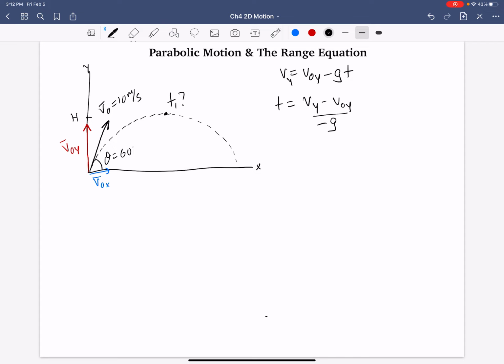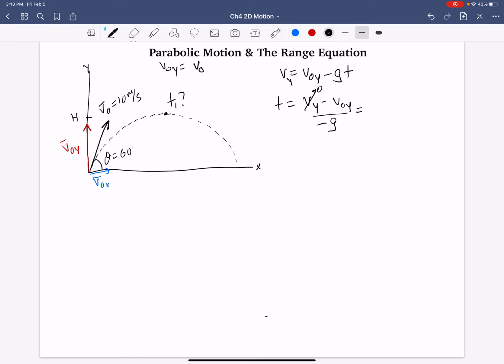The final speed, vy, at the apex is 0. The final vertical speed is 0. Also, we can write out v naught y into its constituent component. v naught y is up there.